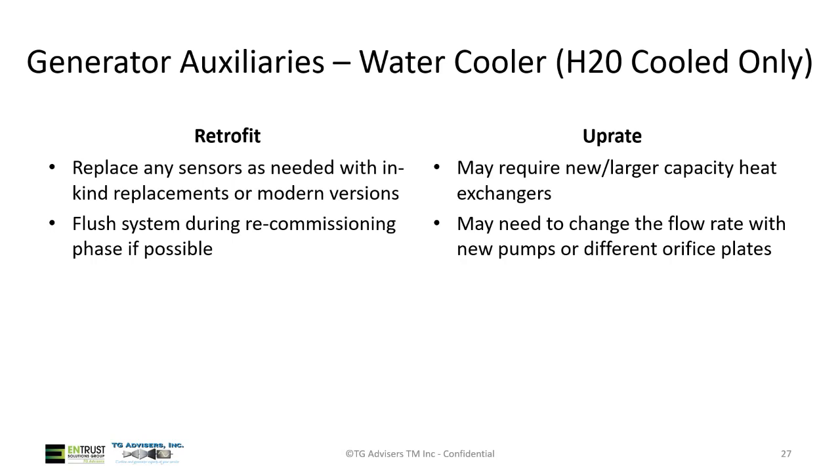In addition to the hydrogen cooler, the water cooler on the water skid may need to be increased for an uprate. And always, when you open the system to add new components like windings or whatever, you'll want to do a flush during the recommissioning phase, just to make sure that there's nothing in there, because something small blocking a water tube would cause an increase in temperature at that one spot.